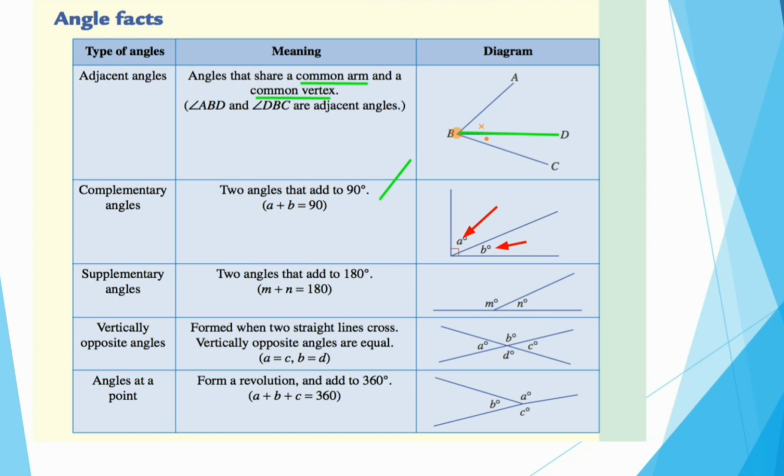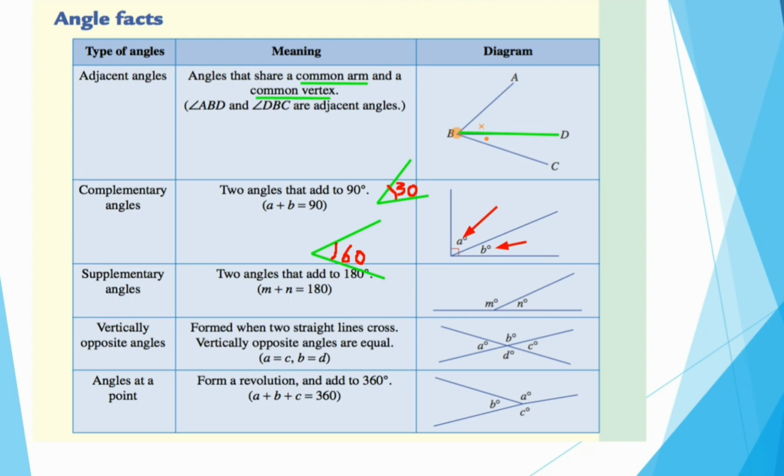So, if I draw an angle like this and another angle here, now if their sum is 90, they will be called complementary angles. I hope you understand this. Suppose this angle is say 30 degree and this angle is 60 degree, right?